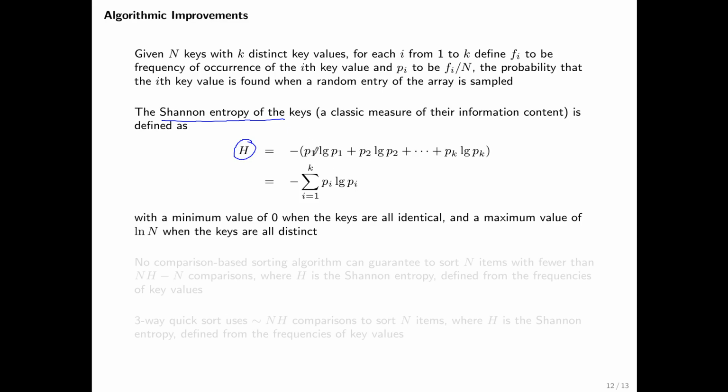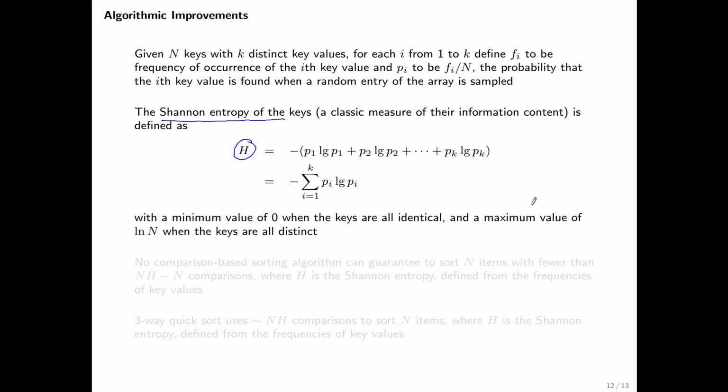It's the negative of P1 log P1 plus P2 log P2 and so on, all the way up to Pk log Pk, where these P sub i's are the probabilities of finding the ith key value. We can write it compactly using the sigma notation as the negative of the summation from I equals 1 through k of P sub I log P sub I.